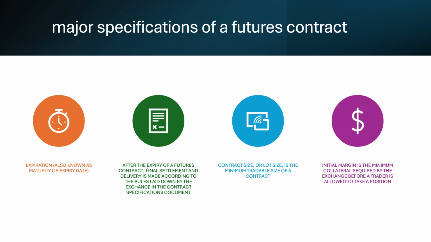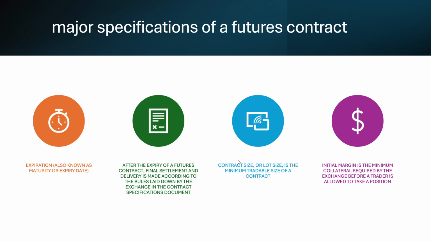After the expiry of the futures contract, the final settlement or delivery is made according to the rules laid down by the exchange. You understand what it is? After the futures expire, the procedure to deliver or settle the amount is already pre-specified. Understood?